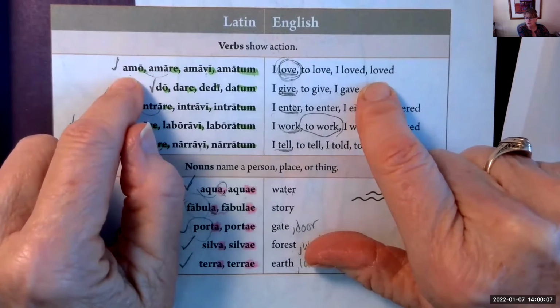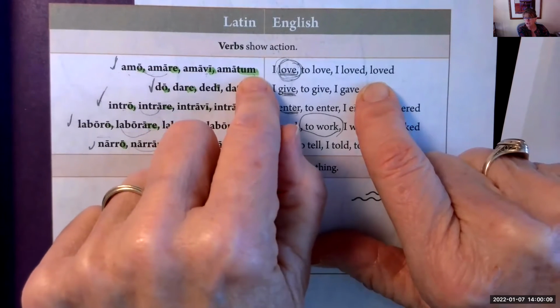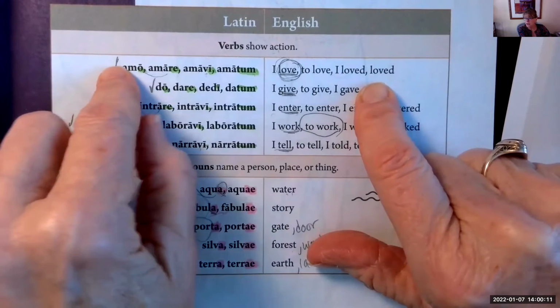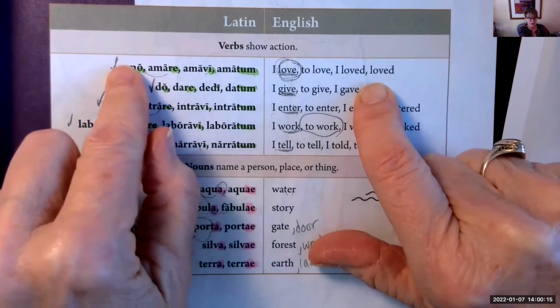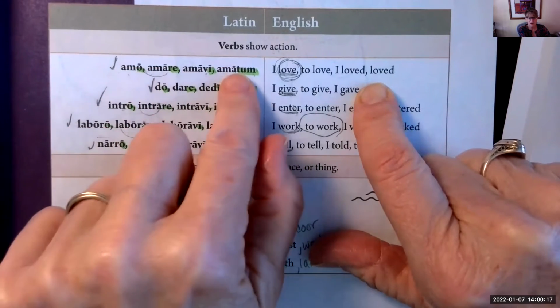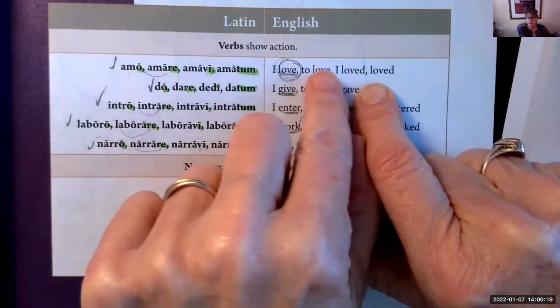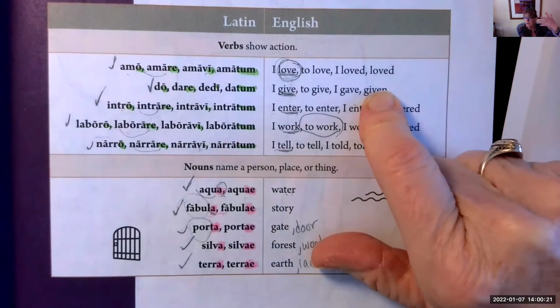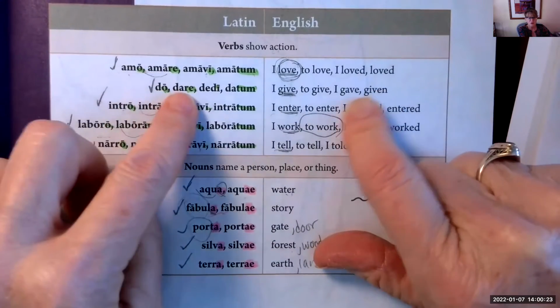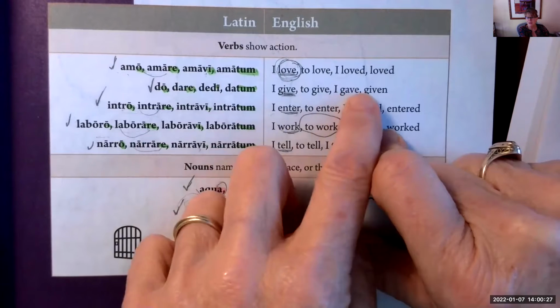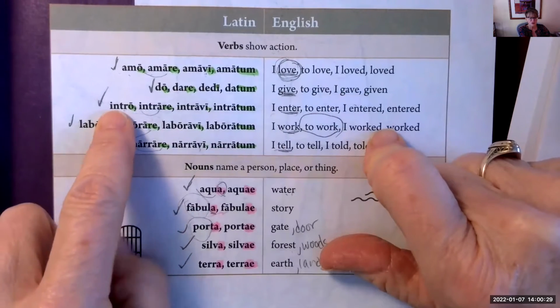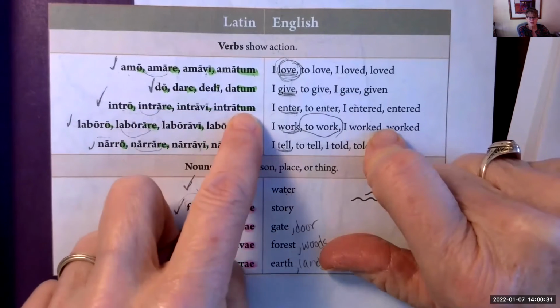So when we do our vocabulary, when we chant it, we chant all 4 principal parts at the same time, like this. Amo, amare, amavi, amatum. I love, to love, I loved, loved. Do, dare, dedi, datum. I give, to give, I gave, given. Intro, intrare, intravi, intratum.